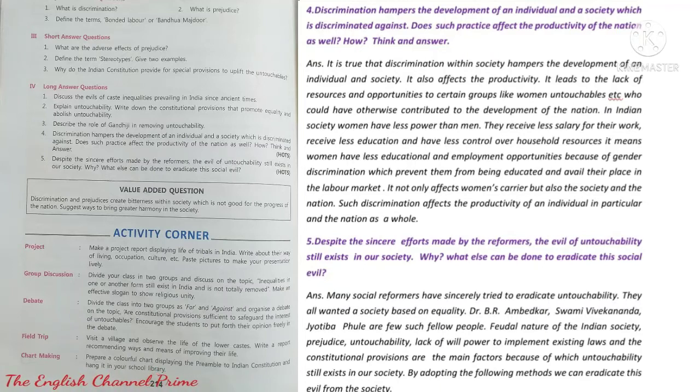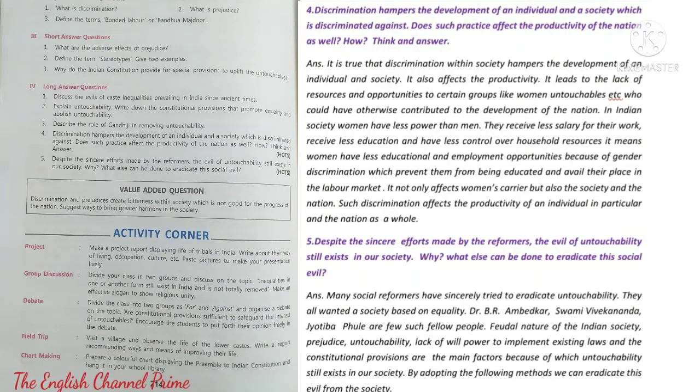It leads to a lack of resources and opportunities for certain groups like women, untouchables, etc., who could otherwise have contributed to the development of the nation. In Indian society, women have less power than men. They receive less salary for their work, receive less education, and have less control over household resources.